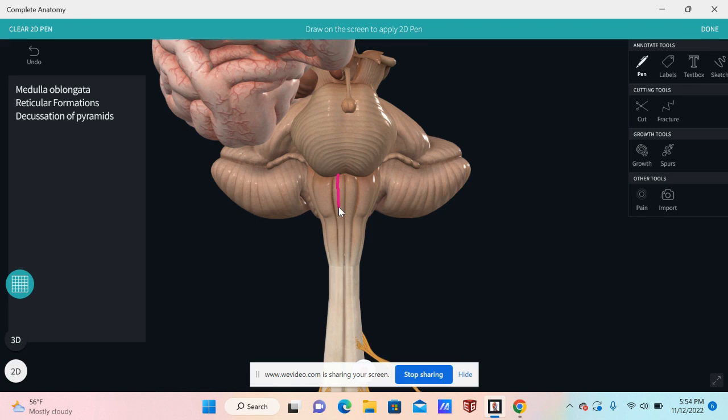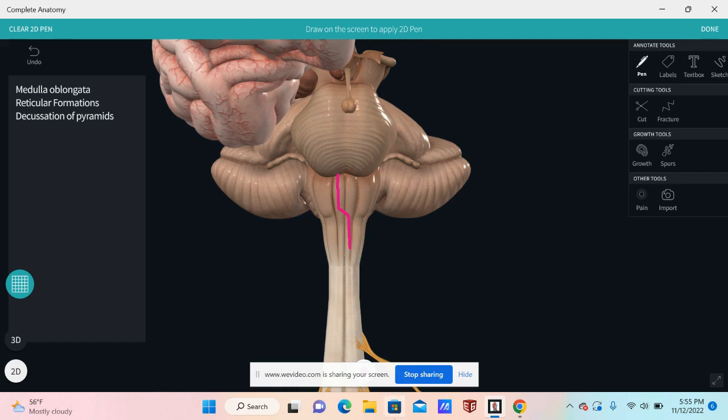They're coming down, and in the medulla, this is where they actually decussate, which means cross over. So neurons that originated in the right cerebral cortex, the right primary motor cortex, are going to cross over and go to the left side of the body.